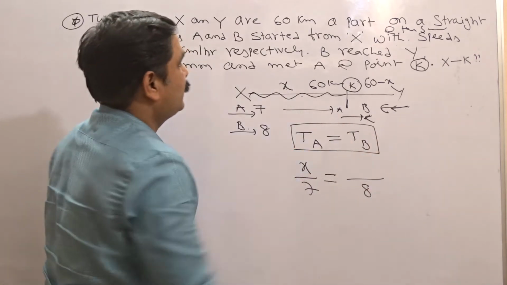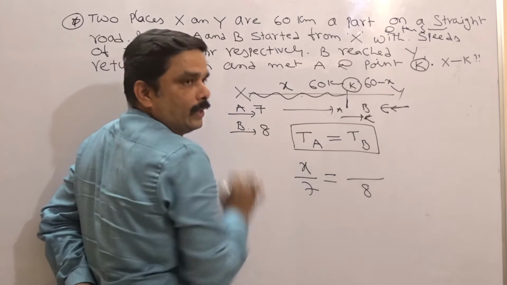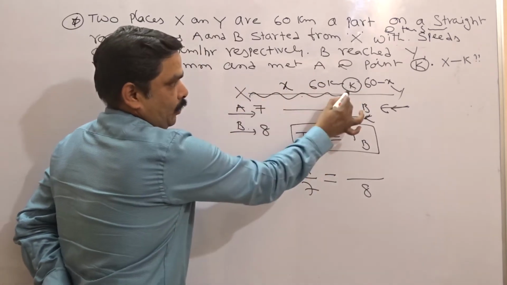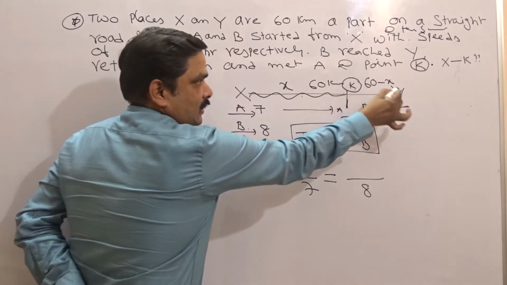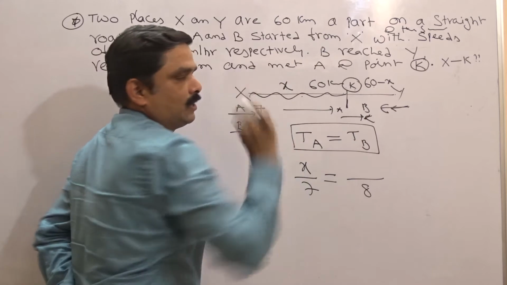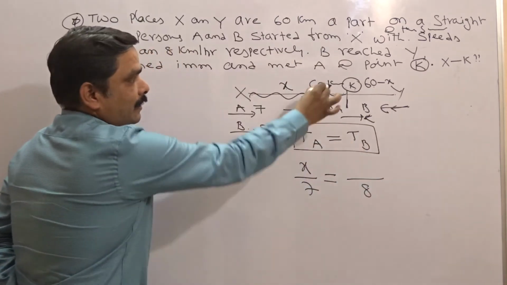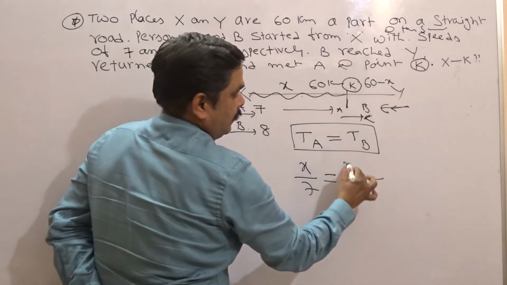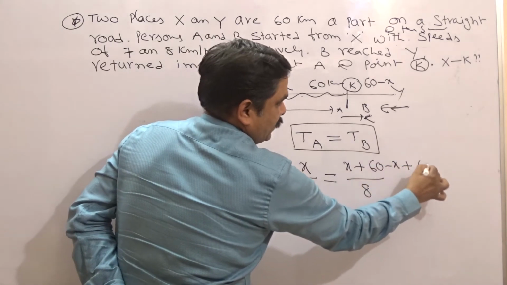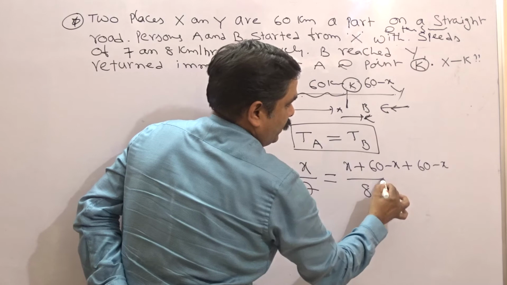Right, what is the distance travelled by B all through here? Distance travelled by B is these X kilometers plus 60 minus X, plus he came back from Y to K, again 60 minus X. Obviously, distance travelled by B is X plus 60 minus X plus 60 minus X. You need to go in this way.